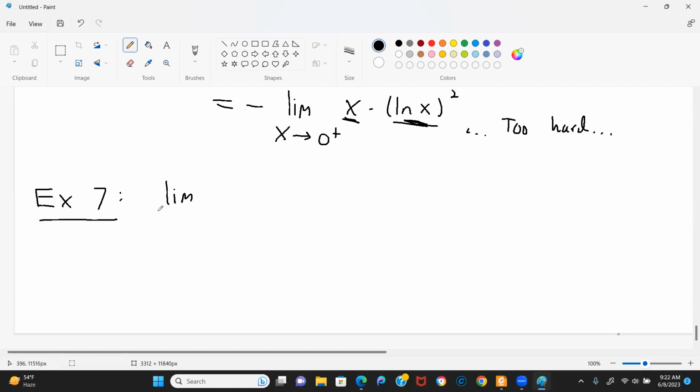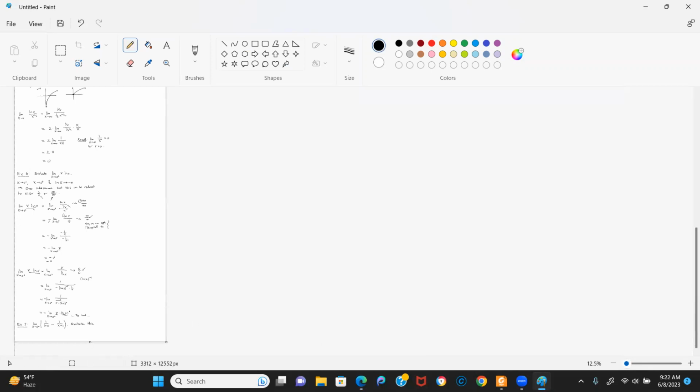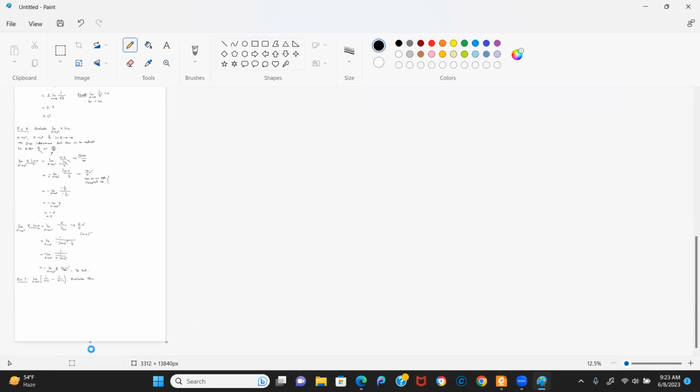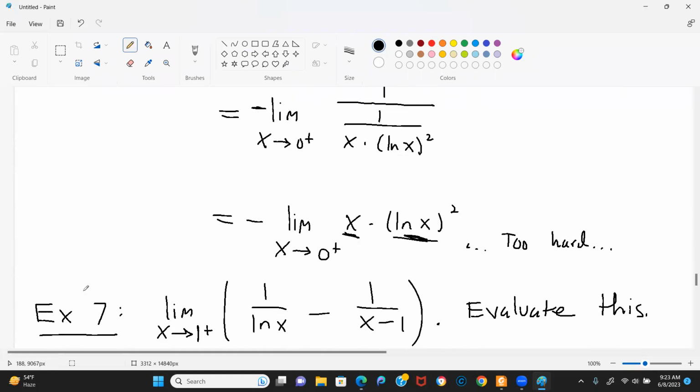We're going to take the limit as x goes to 1 from the right of 1 over ln x minus 1 over 1 minus x, and we want to evaluate this.